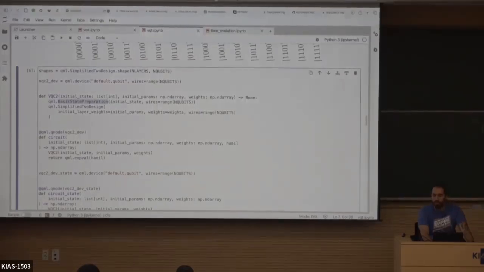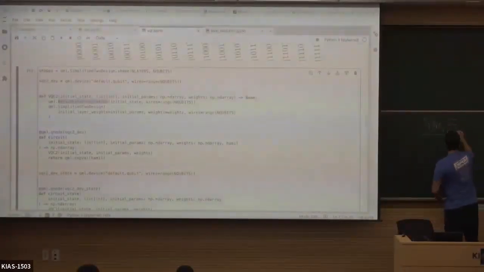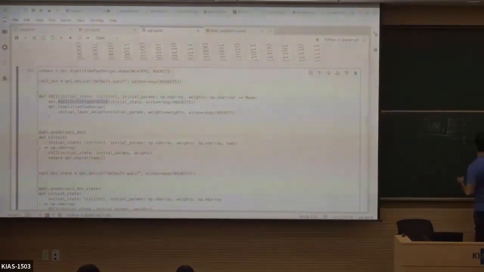So this particular function, what it does is, the first circuit gives me a set of states, right? So from the first circuit, VQC1, it will give me 1, 0, 1, 0, 0, let's say, okay? Whatever, however many qubits there are.